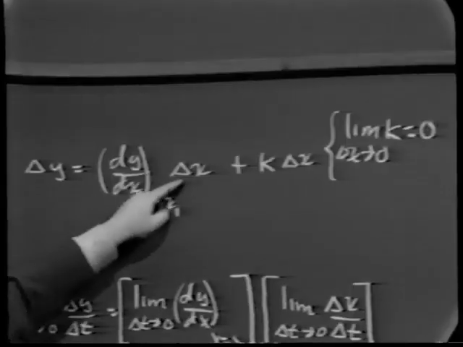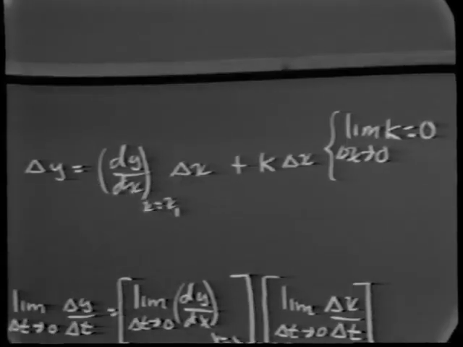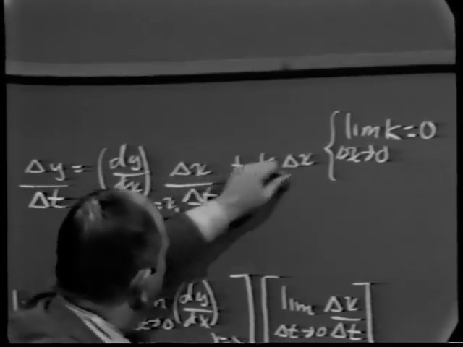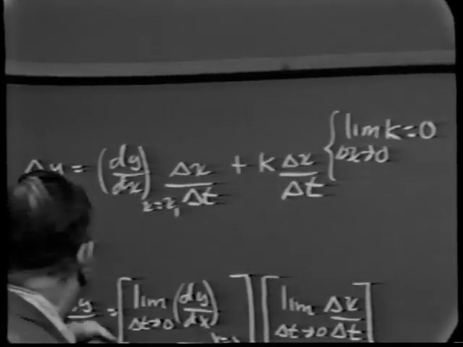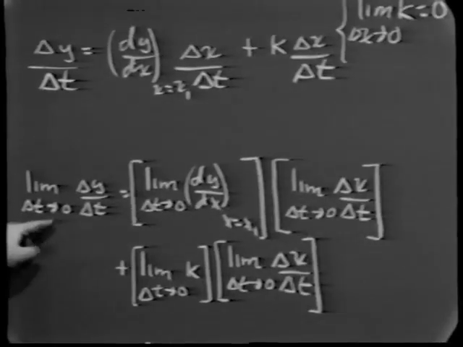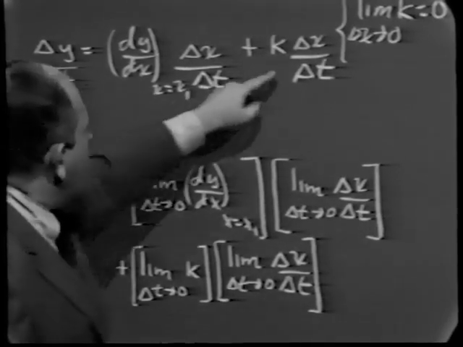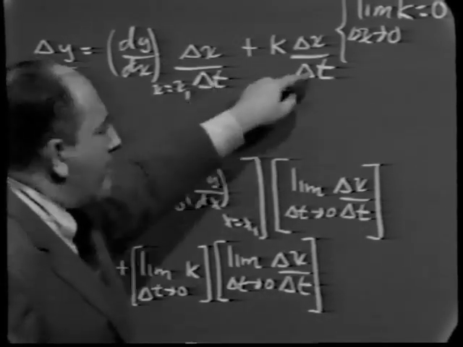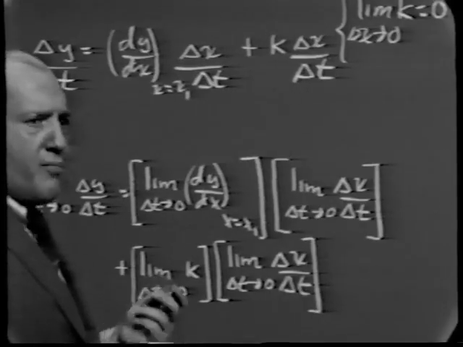Let's suppose we're dealing in a situation where y and x happen to be functions, say, of some third variable t. And what we really want to find is dy/dt. You see, what we'd be tempted to do is simply divide through by delta t. Then we take the limit of this thing as delta t approaches 0. Now what happens? As delta t approaches 0, this is a sum. The limit of a sum is the sum of the limits. Each of the terms in the sum is a product, and the limit of a product is the product of the limits.